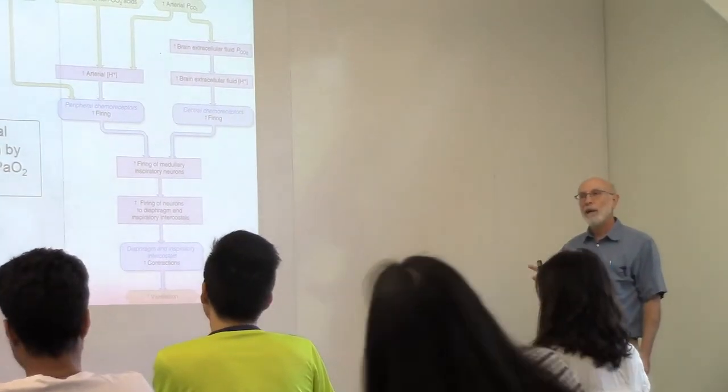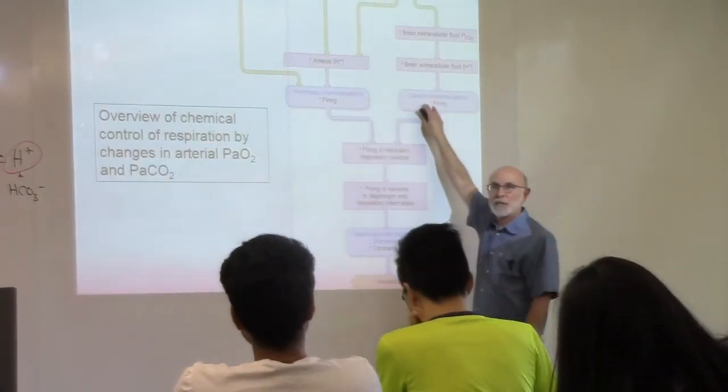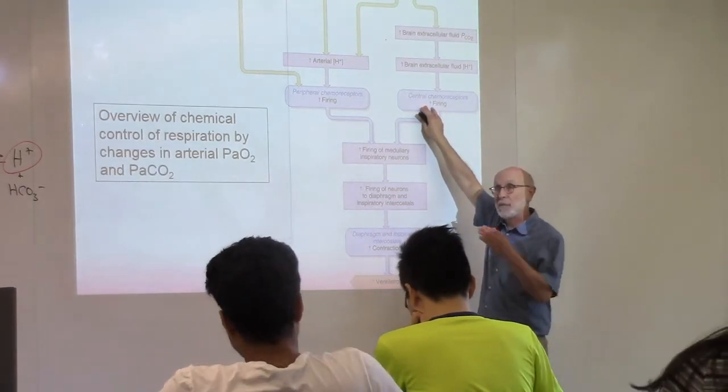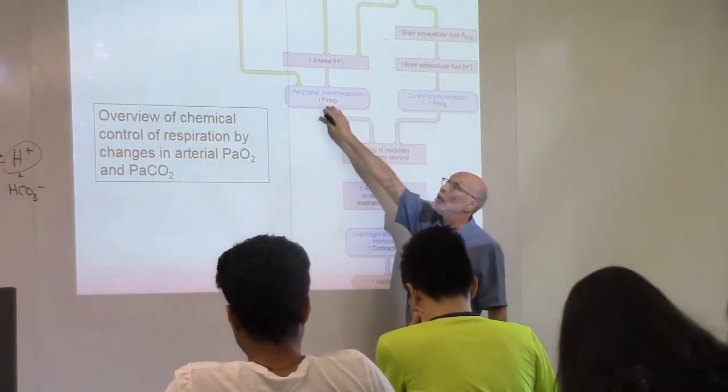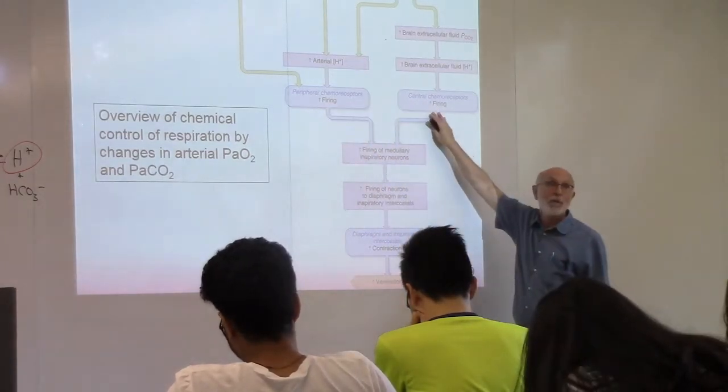What's the main point? The main point is both peripheral and central detect CO2. Well, really they detect acid, but the acid is a proxy for CO2. And peripheral also detect oxygen, but central don't.